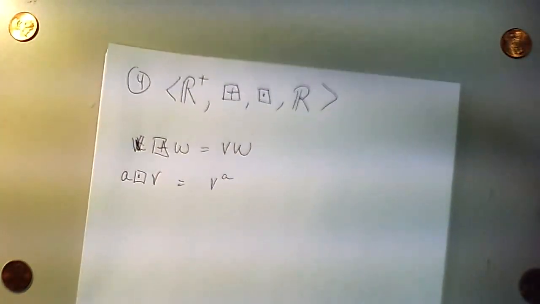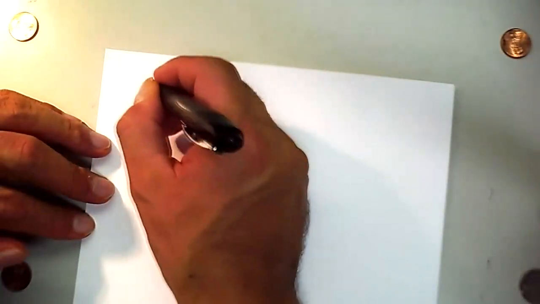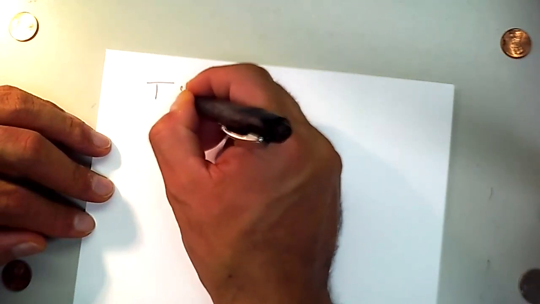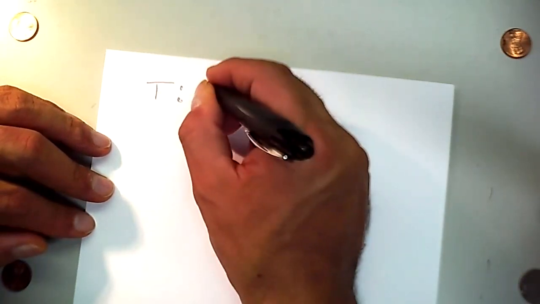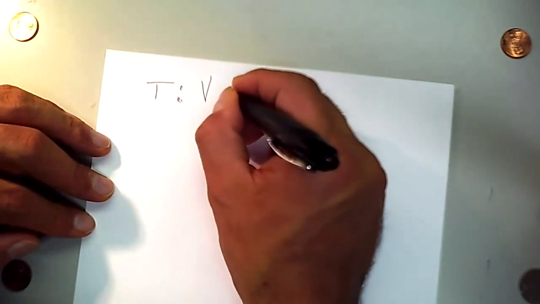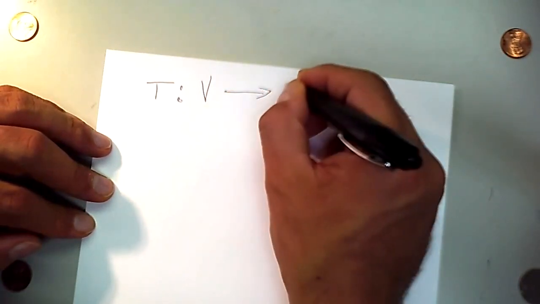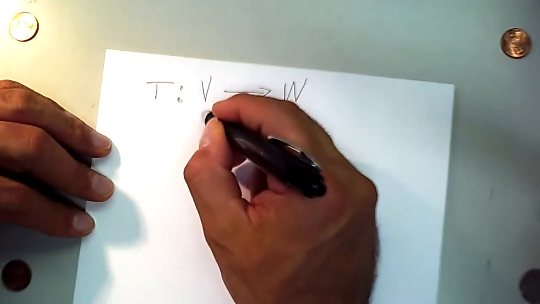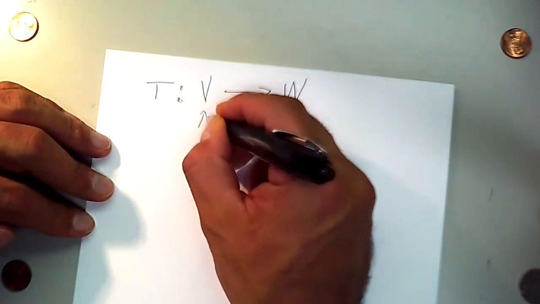But let's talk about linear transformations. So typically we label with T a linear transformation, and we use this notation to say that a linear transformation goes from one vector space V into another vector space W. So those two are, at this point, we're going to assume they are real vector spaces.